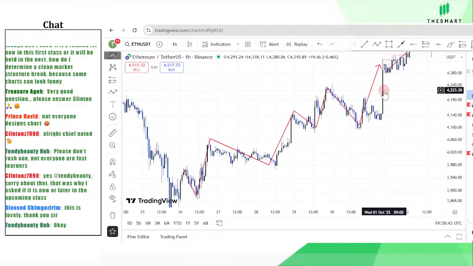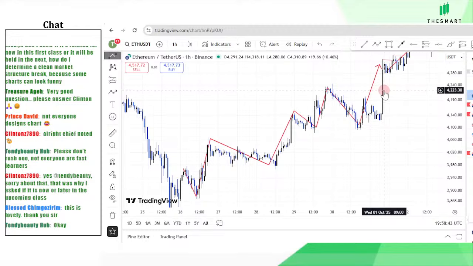So let's put this on 4 hours, then we'll look at the structure so you get to actually understand what the example looks like. Alright, so looking at this structure on the 4 hours, this is what you have.